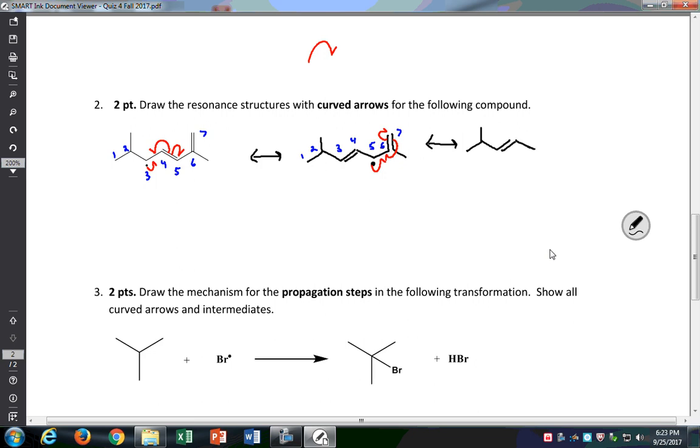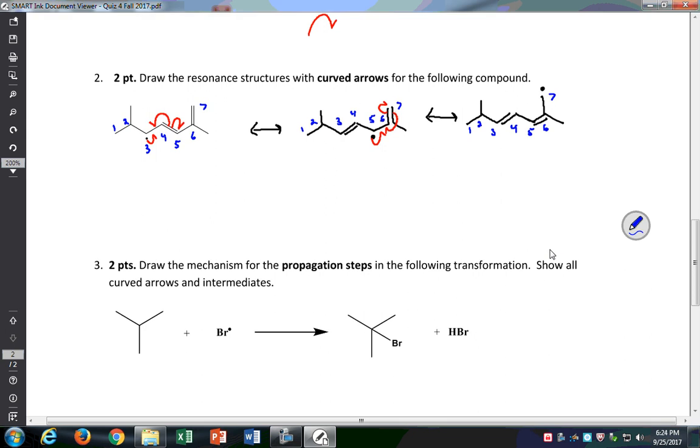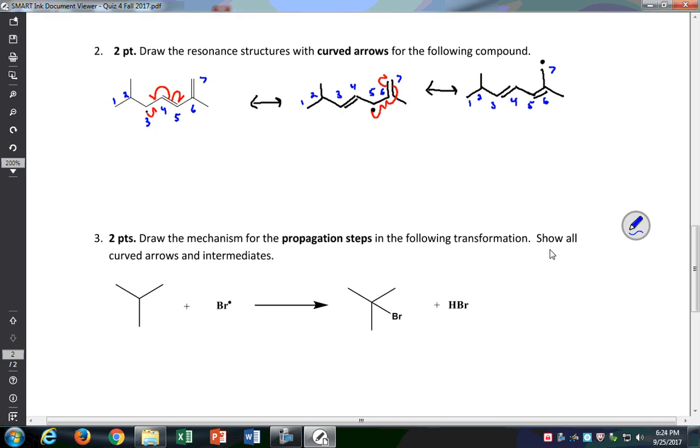So what this is showing is my electrons are shared between carbons 3, 4, 5, 6, and 7. Be clear with your arrows for resonance. Notice the base of my arrow is coming from either a lone pair or from my pi bond.